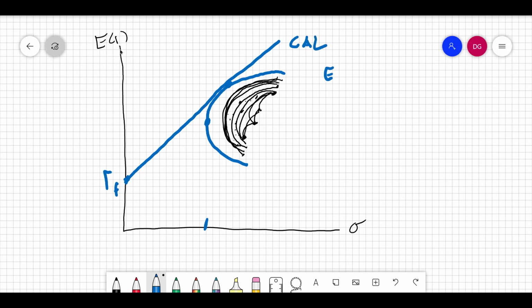And remember that this is going to be my P star portfolio, and the CAL slope is going to be the expected return of P minus the risk-free divided by sigma P.